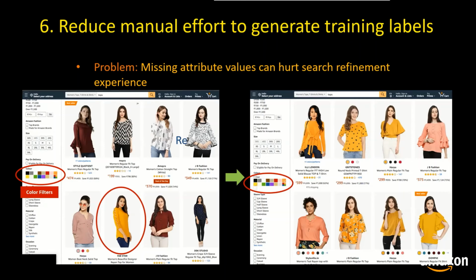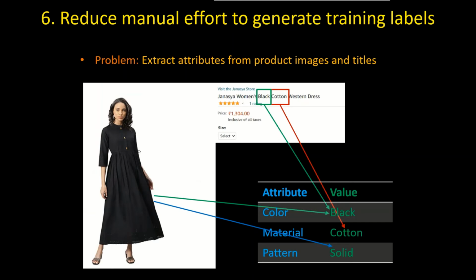Next slide. So a key capability to identify and correct these defects that I just showed in the past two slides is the ability to extract attributes such as color, material, pattern from product titles and images. So as shown here, we can infer the type from the product title, the color from the product title and image.